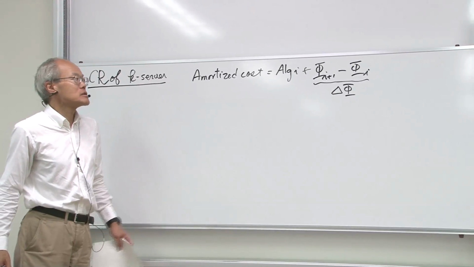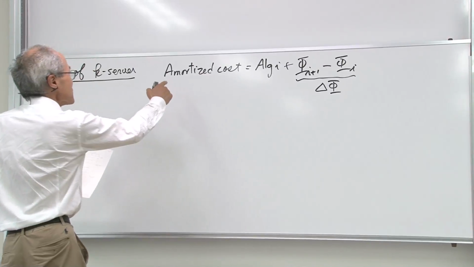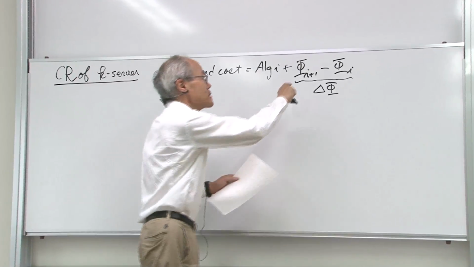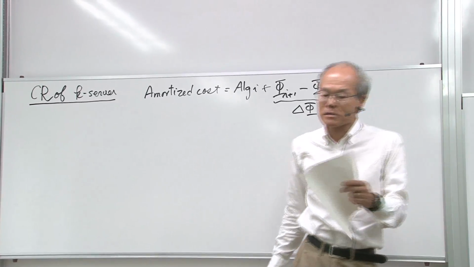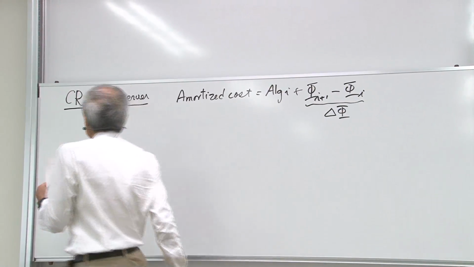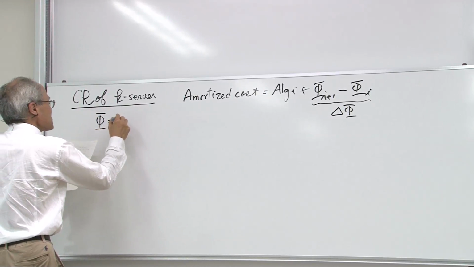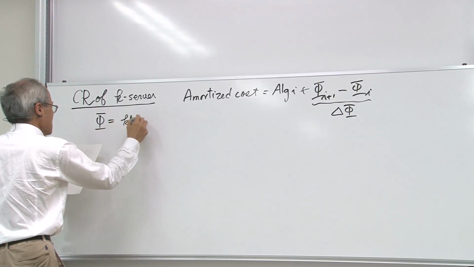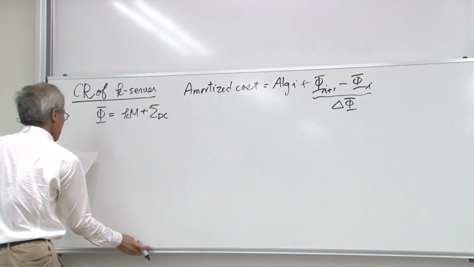This is the amortized cost. For this problem, of course, we need to select this function psi carefully. In this case, we use this function. I'll show you.